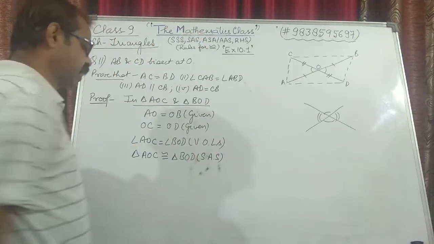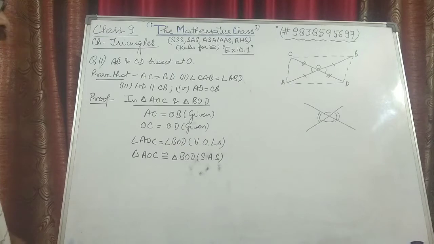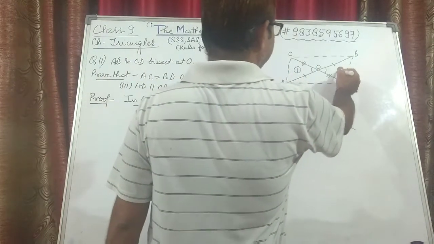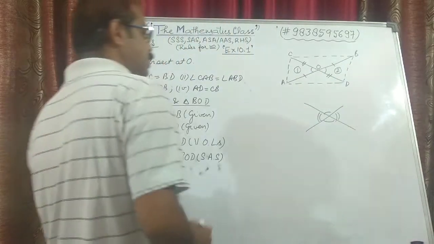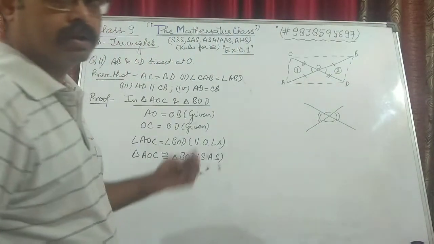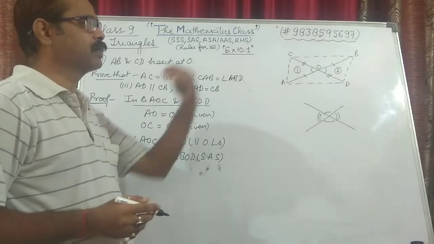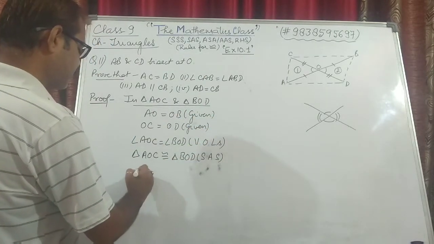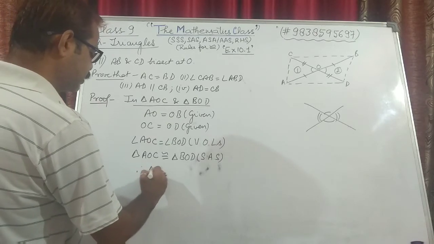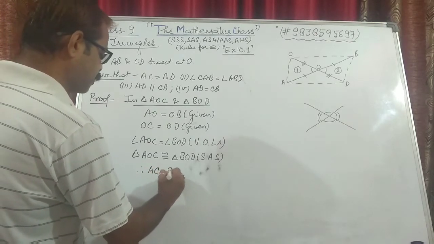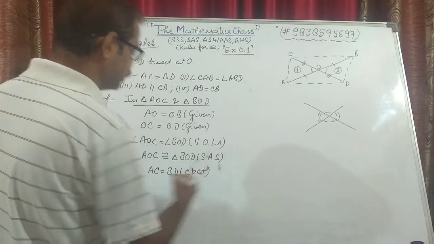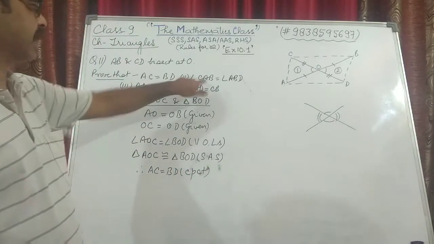Now if the triangles are equal, then all the 6 elements of one triangle are equal to the 6 elements of the other triangle. So we can say therefore AC is equal to BD by what rule? CPCT.